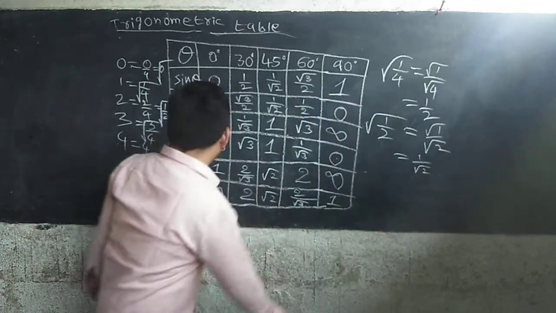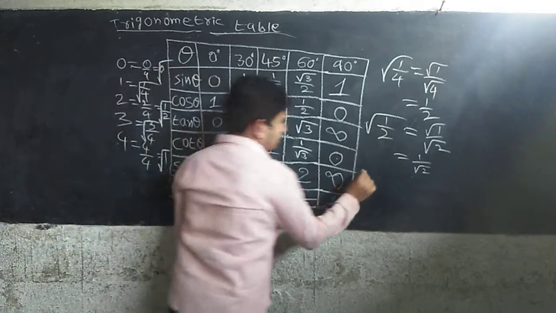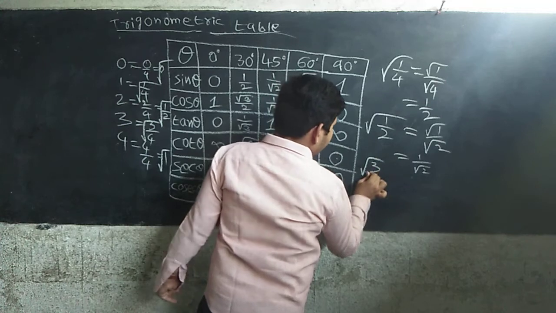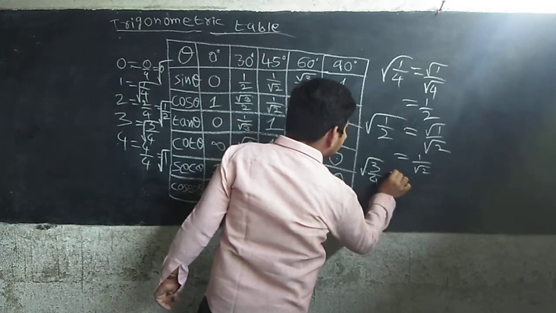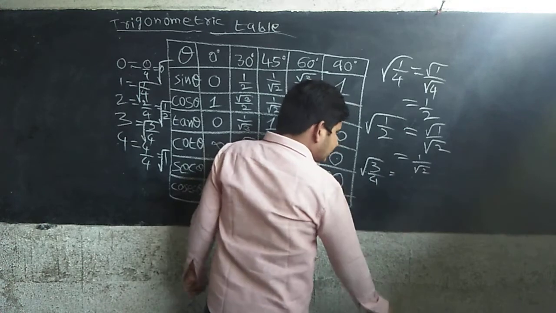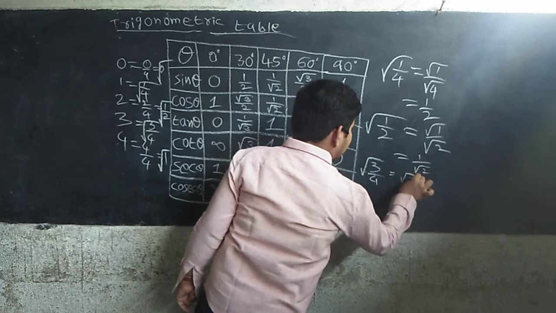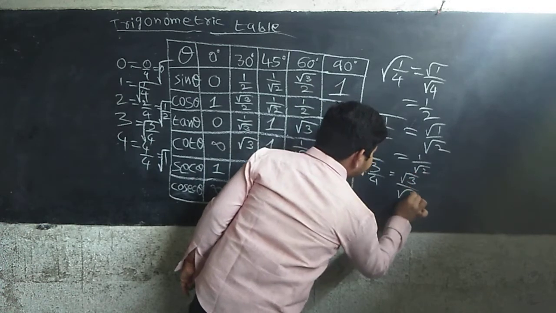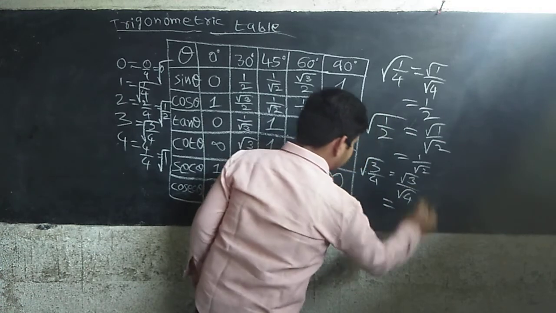Now next root 3 by 4. Root 3 by 4 can be written as root of 3 by root 4, equal to what?